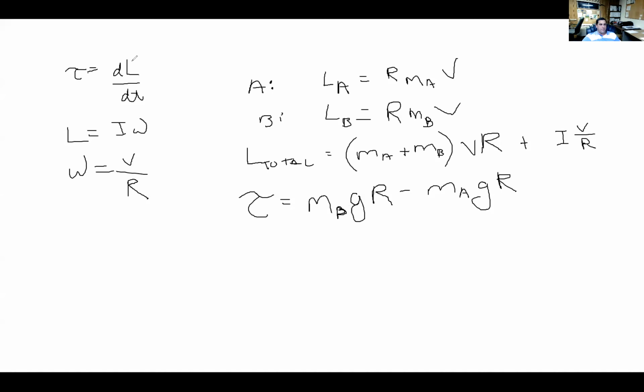And then from this, torque is equal to change in angular momentum with respect to time.